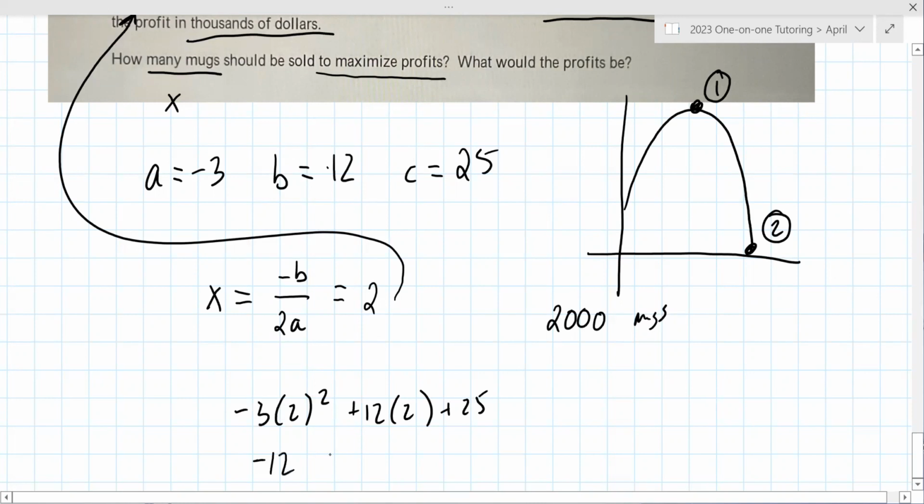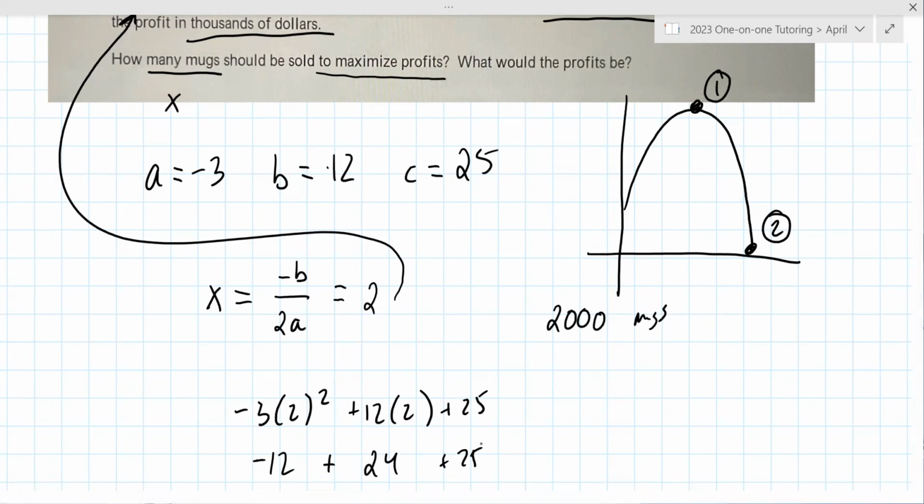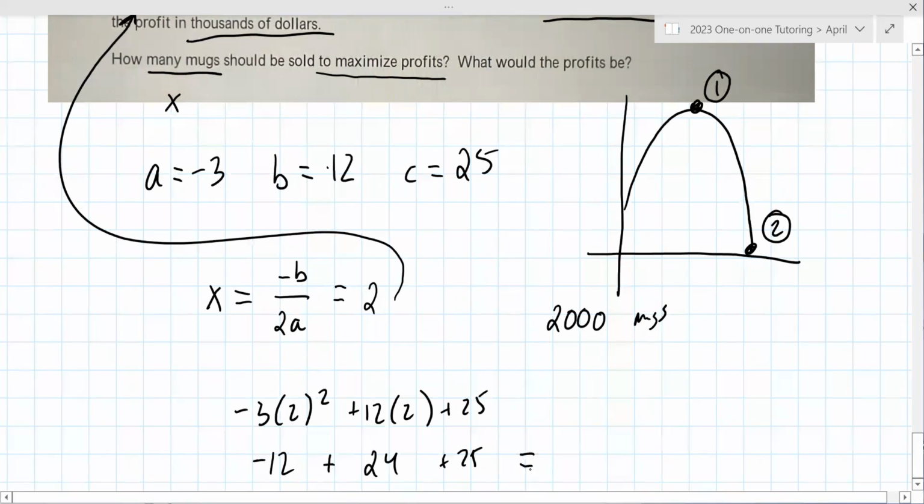So 2 squared is 4, -12, plus the 24, plus the 25. So 37. Yes. So that's in thousands. That translates to $37,000 in profit.